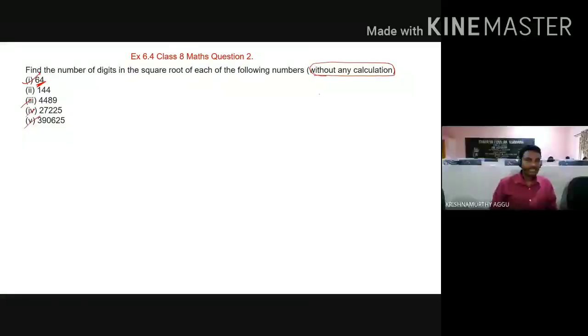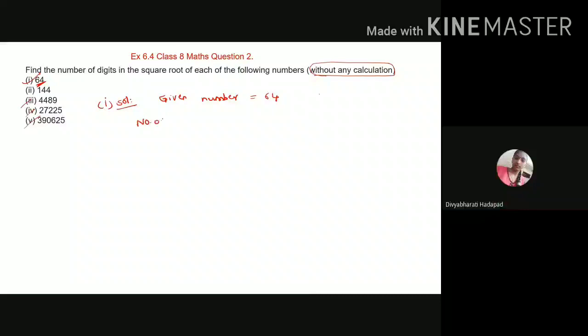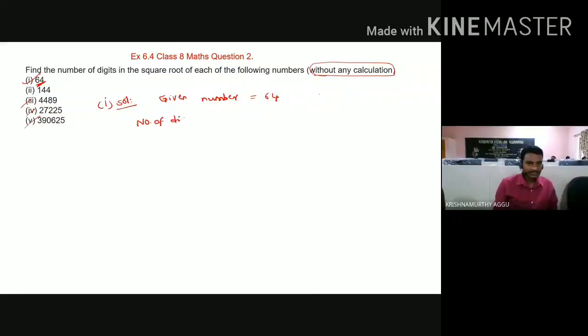64. So you will write the solution for the first question. Solution. What is the given number? Given number equal to 64. Is it clear? Yes, sir. Number of digits in 64. n for number of digits.